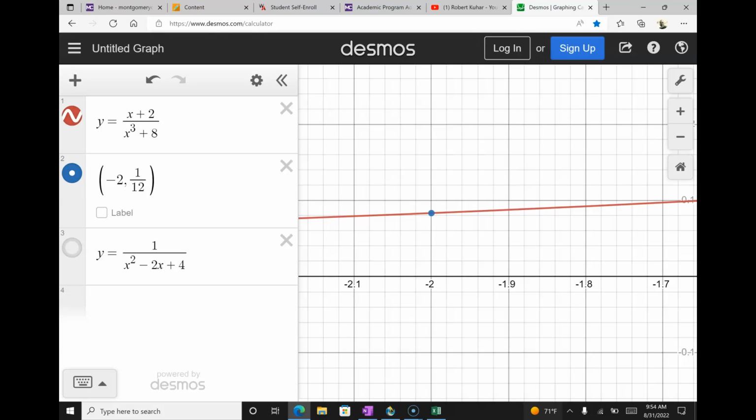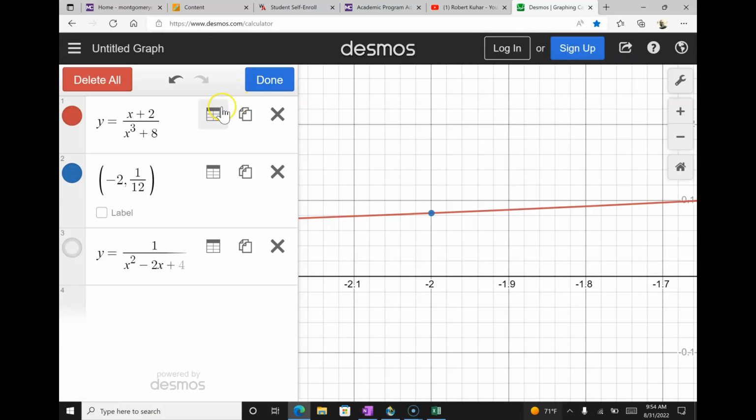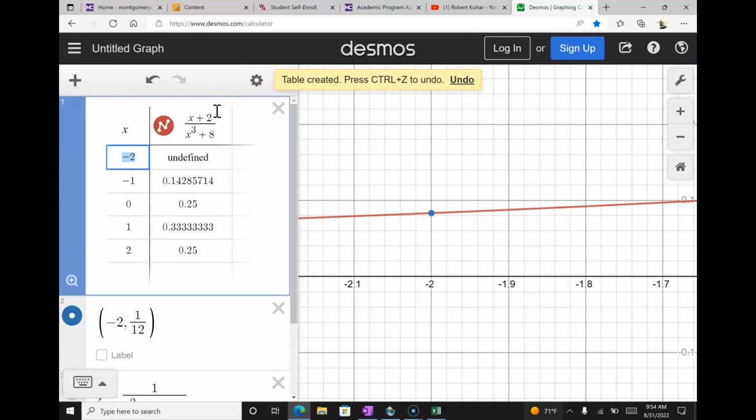So we can also check numerically. We're going to put a table on this first function. I'm getting really close to -2 from the left and from the right. So what number am I at from the left? So I want to be left of -2, right? -2.1.